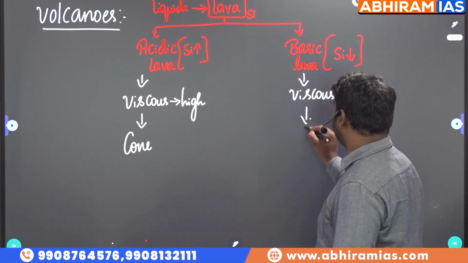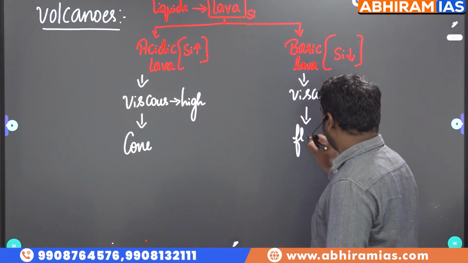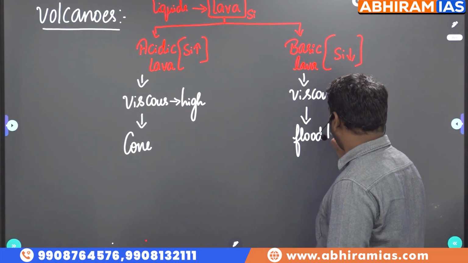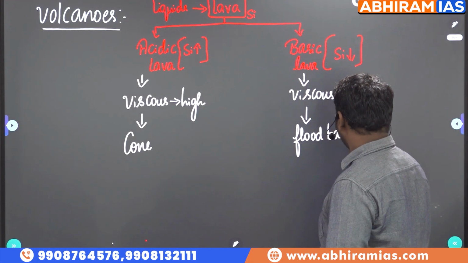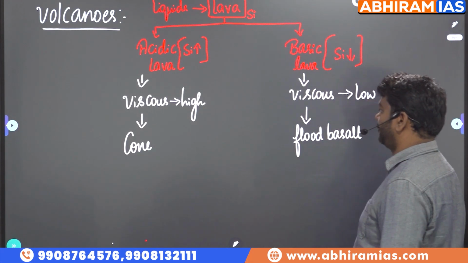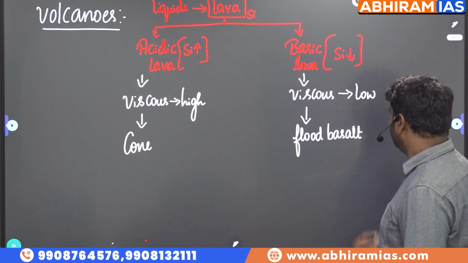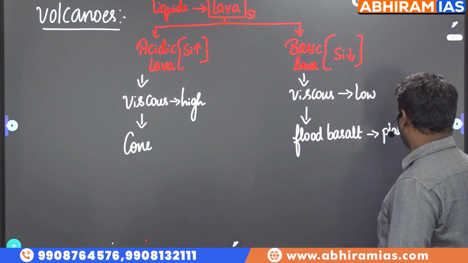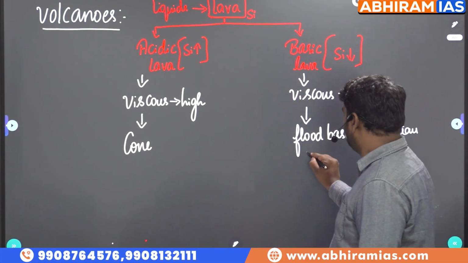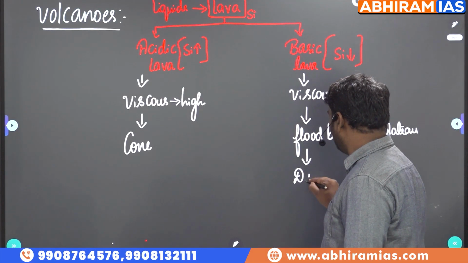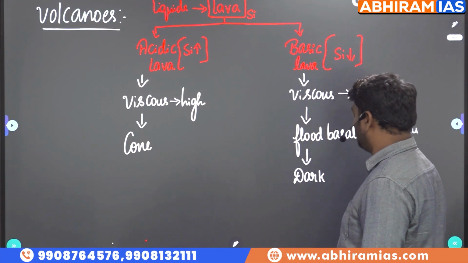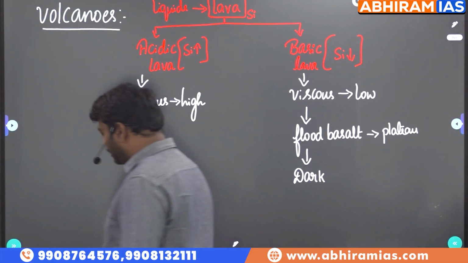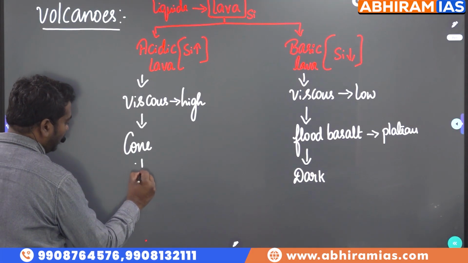If viscosity is low, it normally forms flood basalt, that means plateau. This will normally be in dark color and this will normally be in light color.